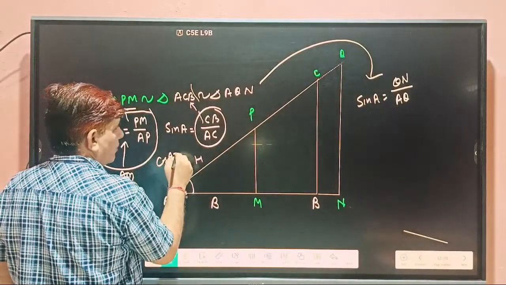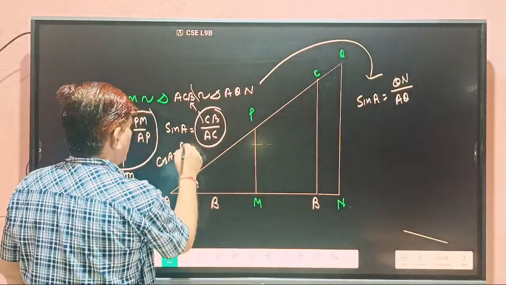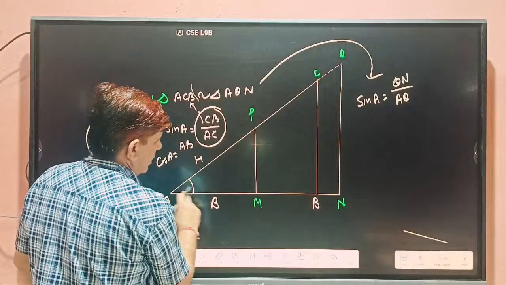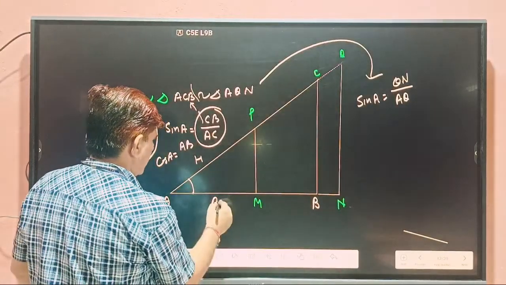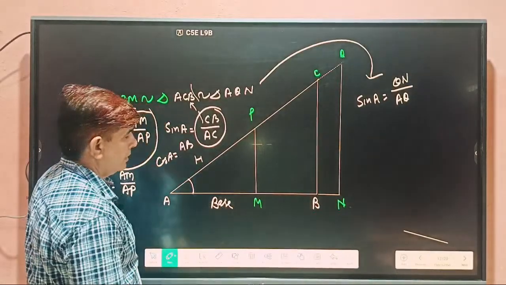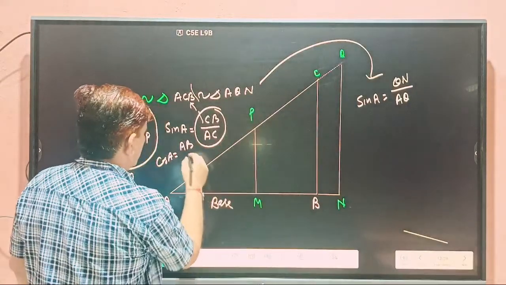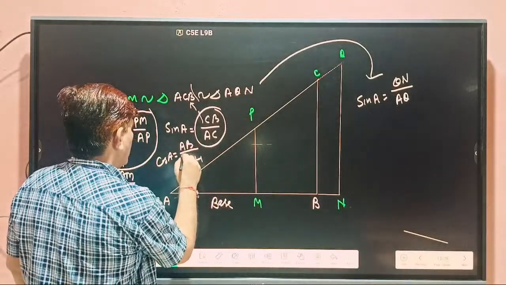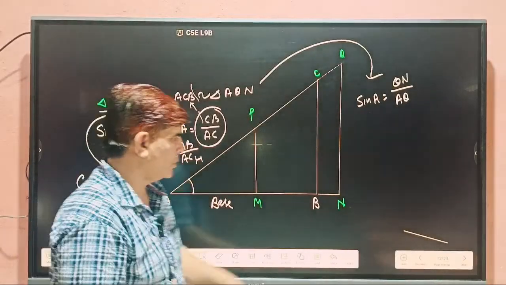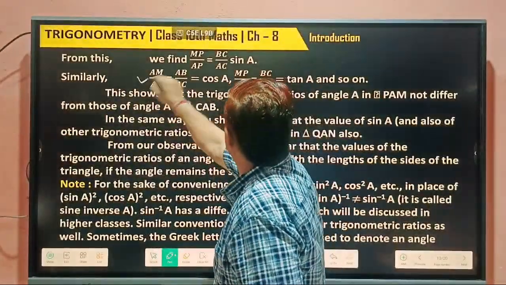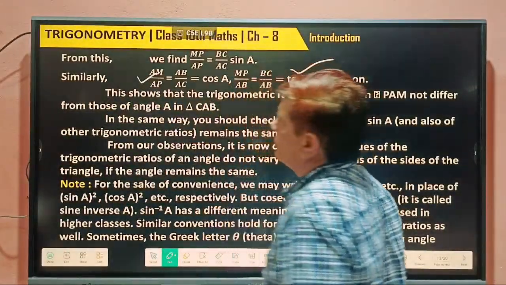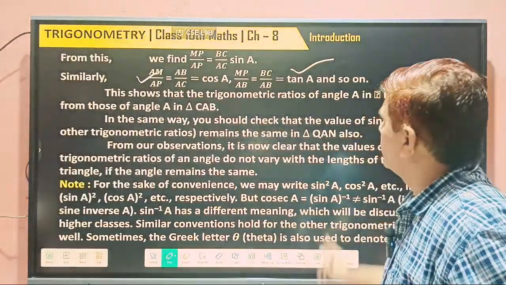Cos of A becomes AB by AC, this is actually the base. Look one more time, same as given. So this we have to find out.